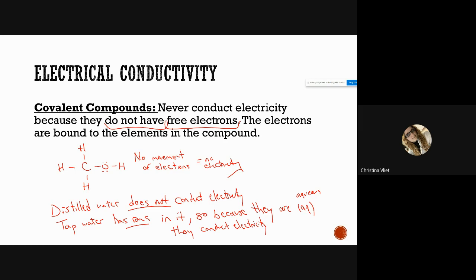Can you drink it? Absolutely. The ions are actually healthier typically because we need ions in our body. If you drink too much distilled water, it actually dilutes your system. You shouldn't have a ton of distilled water, but you can have some.